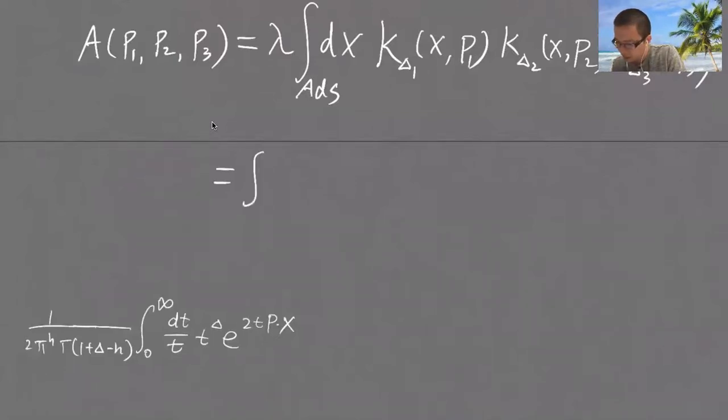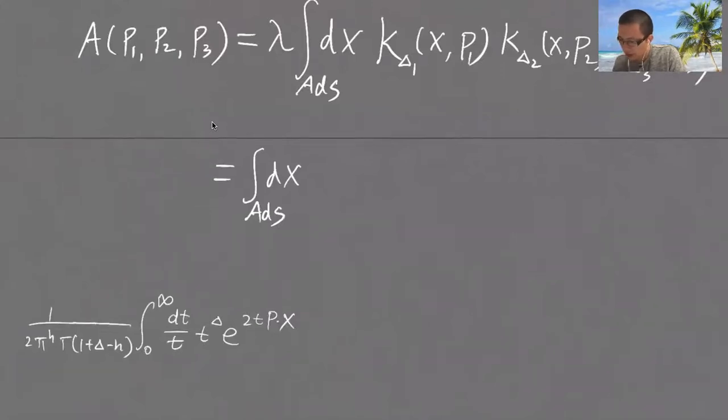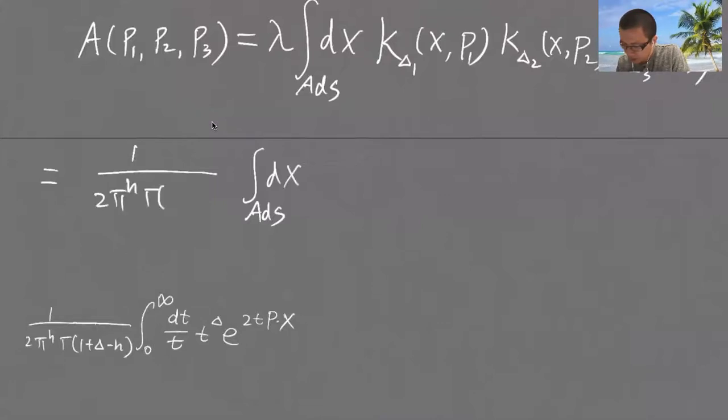We will put it back at the end. So we integrate over x. Now just plug in this result for each propagator. So it's a bit tedious. In fact, let me just take this factor out: 1 over 2 pi h gamma of 1 plus delta i minus h, product i from 1 to 3.